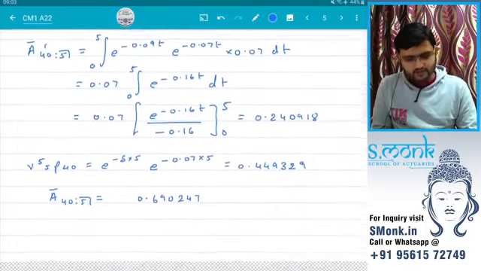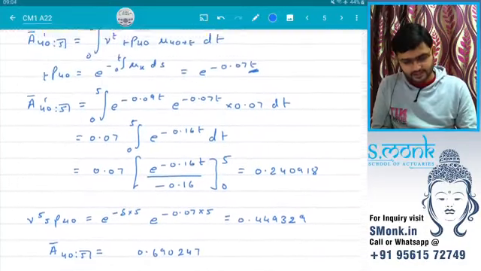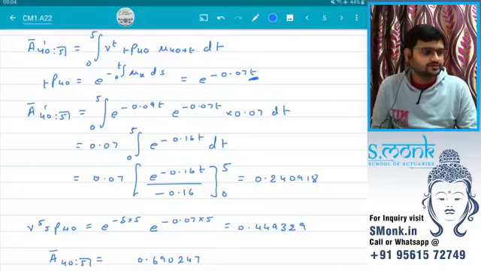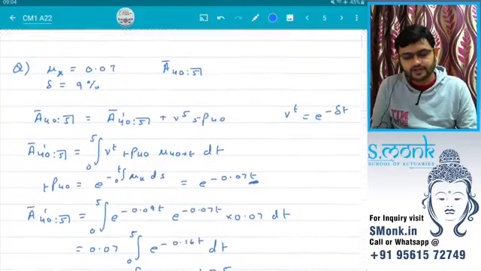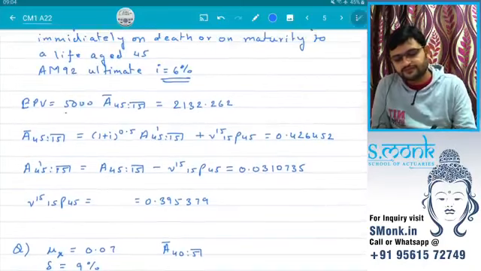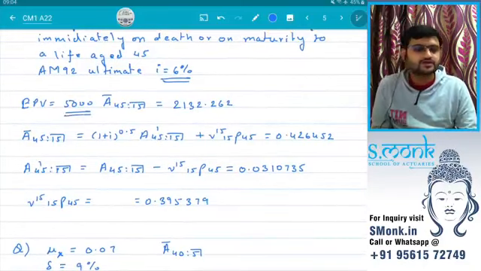And we studied how to calculate the cost that the company will incur, the expected cost the company will incur per policy holder, for a certain sum assured.